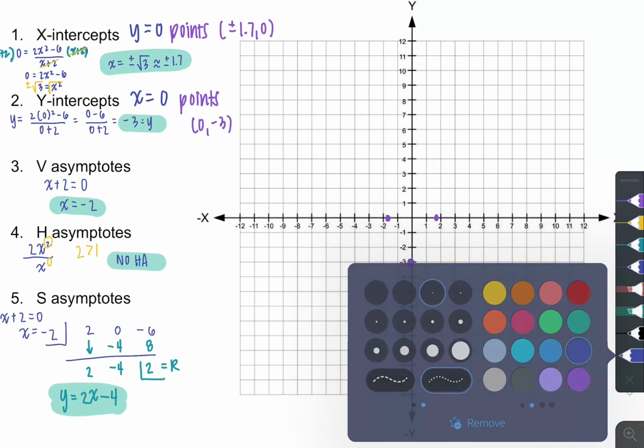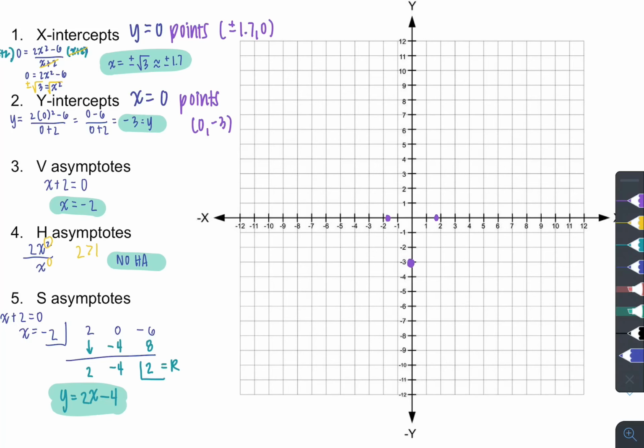I'm going to do our asymptotes in blue. So I have a vertical asymptote at x equals negative 2, so it's just a straight line up and down. So that's our vertical asymptote, x equals negative 2. I don't have a horizontal asymptote, but I do have a slant asymptote at 2x minus 4. So here's minus 4, and then 2 is my slope.